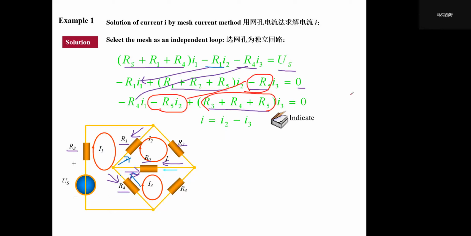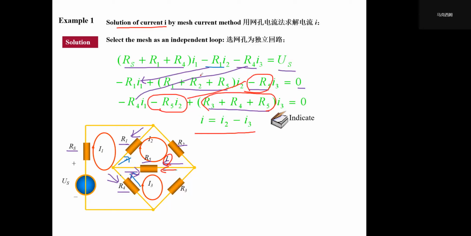And since we would like to know the current I here, and we know that it's a combination of I2 minus I3. Since this direction is associated with I2 and the opposite direction with I3, we have I equals I2 minus I3.